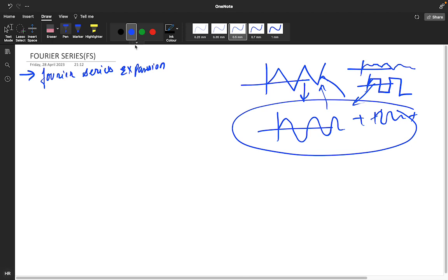If we get this kind of an expansion for this triangular waveform, the first sinusoidal waveform we call the fundamental waveform, or fundamental frequency. Then the next ones you get are the harmonics. There will be a first harmonic, second harmonic, third harmonic, and so on.